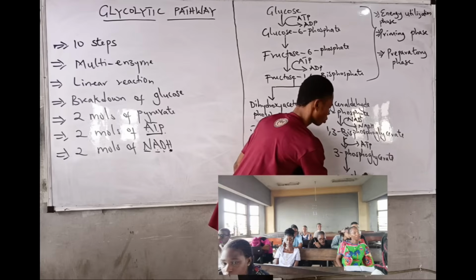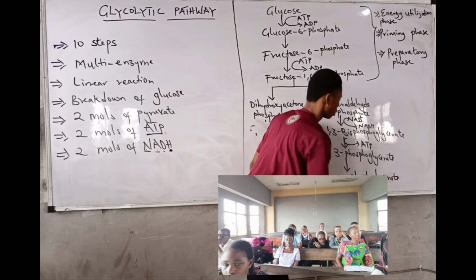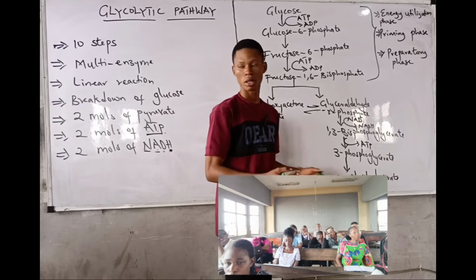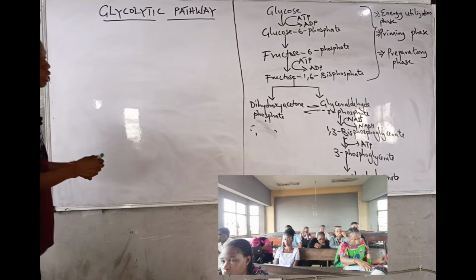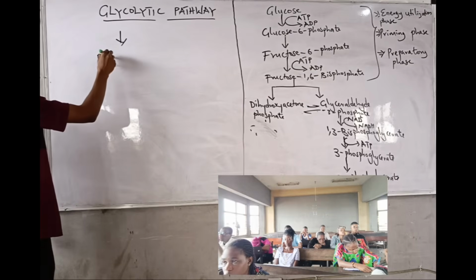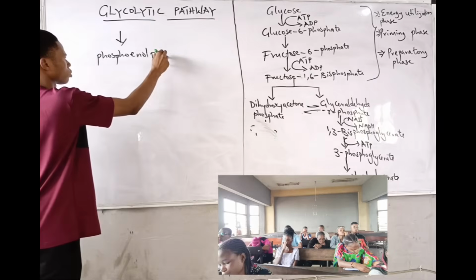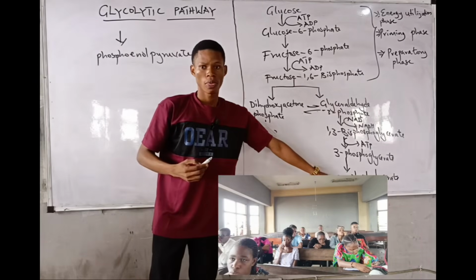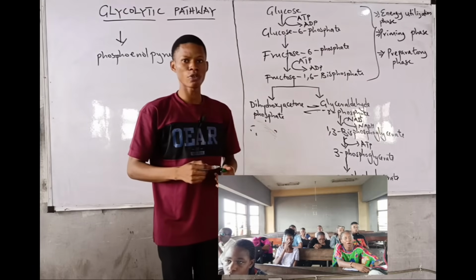Now from 3-phosphoglycerate, the next thing is what? 2-phosphoglycerate. Did we produce any ATP here? We did not, right? Good. Now I'll continue from there. From 2-phosphoglycerate now to what? Phosphoenolpyruvate. In 2-phosphoglycerate, how many phosphate groups? 1, right?